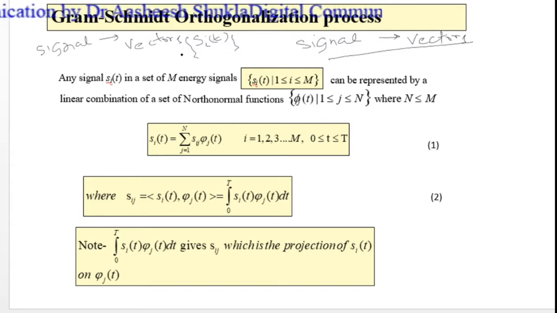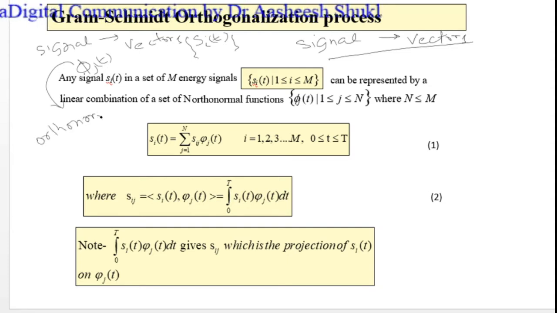With the help of the Gram-Schmidt orthogonalization process, we are modifying this vector set into a new vector set, for example phi j(t), and this new vector set phi j(t) will follow the condition of orthogonality or orthonormality, right?